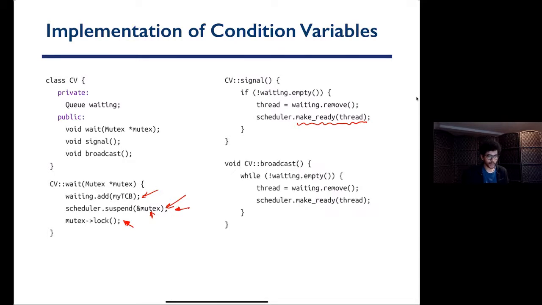And then finally broadcast. We check the waiting list, and as long as it's not empty, we make them ready. So this one is a while loop. This wakes up everybody. This wakes up only one.